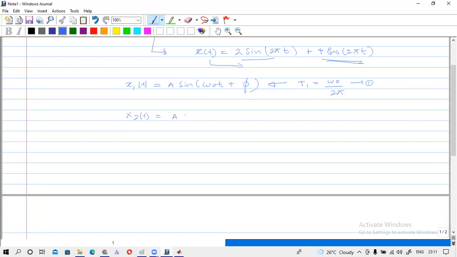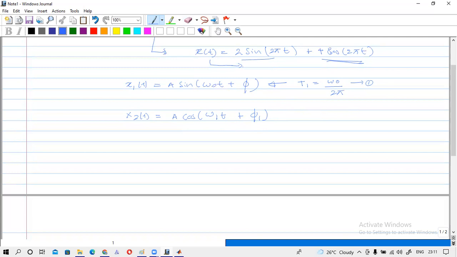If we have a cos signal like this, let's say cos(omega 1 t plus phi 1), you have to determine whether this signal is periodic or not, and if it is periodic, what is the period of that signal.